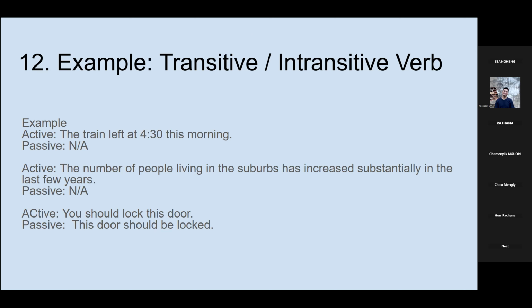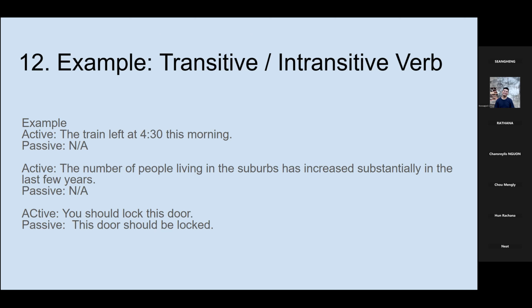Another example: the number of people living in the suburb has increased substantially in the last few years. It cannot transform also.